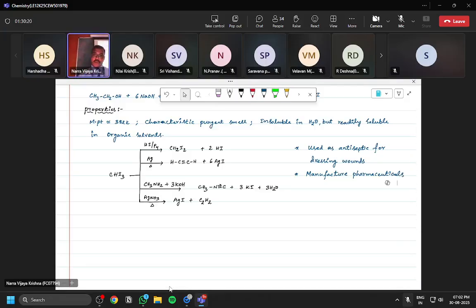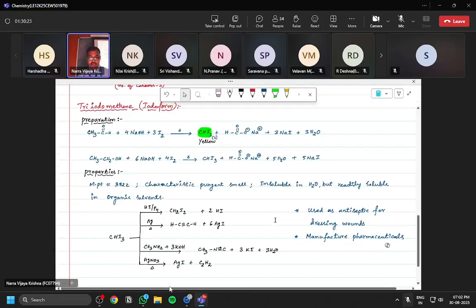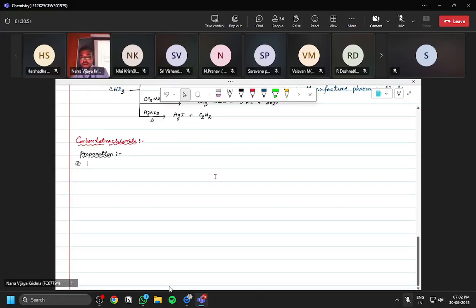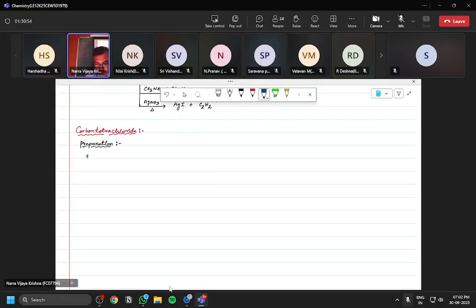So iodoform is over. Next, CCl4, carbon tetrachloride. First, regarding preparation. Already you know this reaction. Methane with excess chlorine in the presence of sunlight.